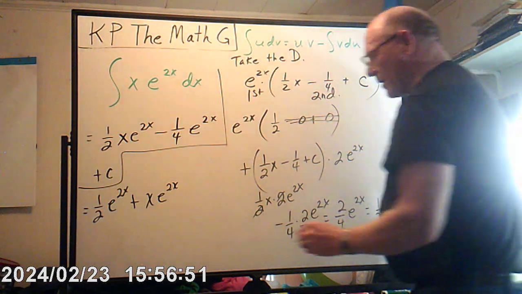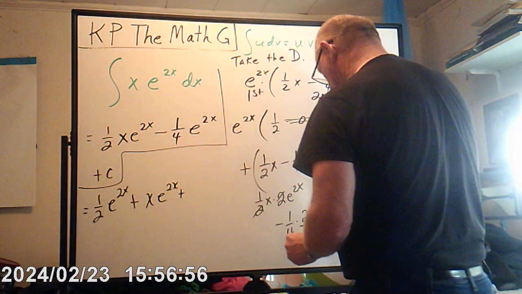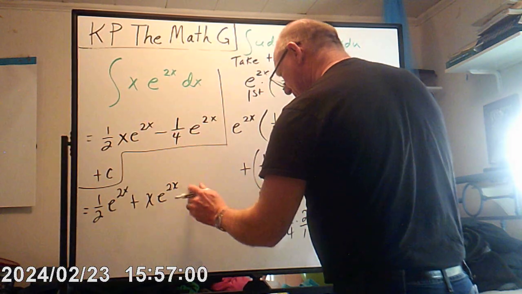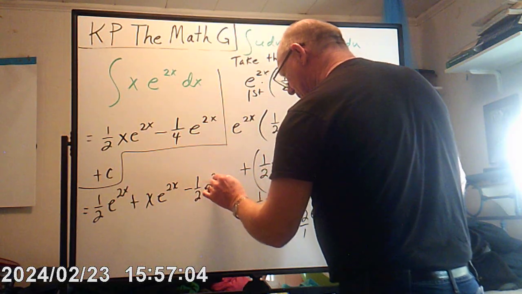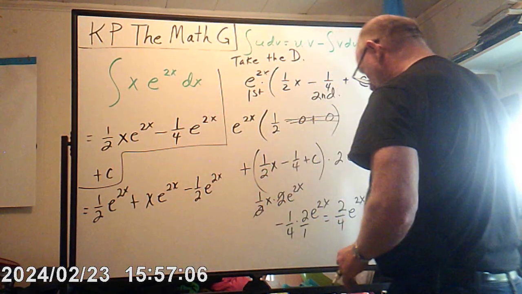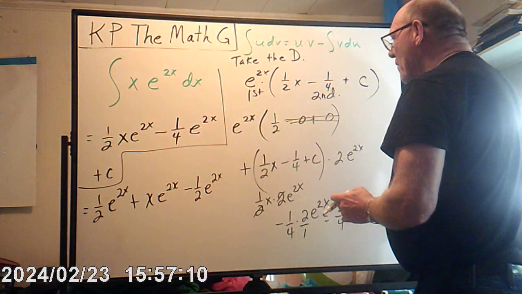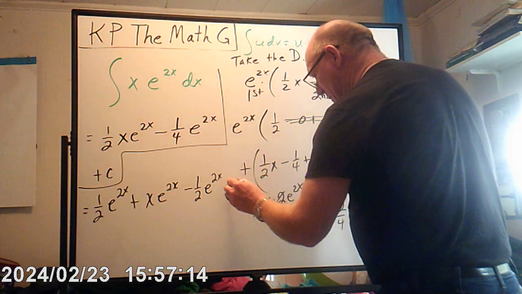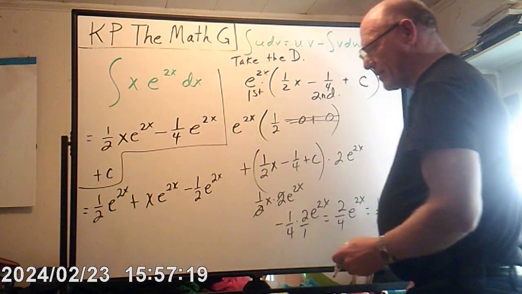Alright, so plus 1/2. Oh, actually it's minus, isn't it? Minus 1/2 e to the 2x. And then of course I guess plus c if we wanted to. But before we integrated, that's going to be 0.